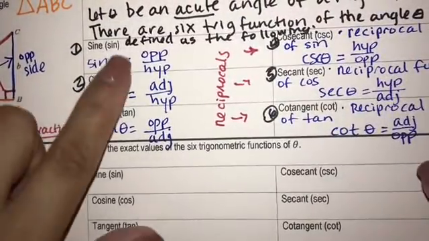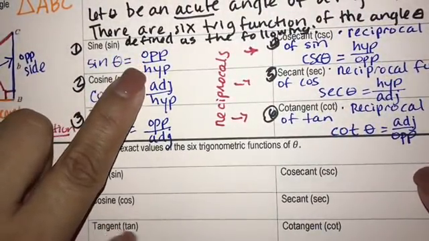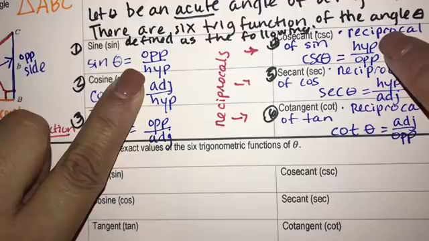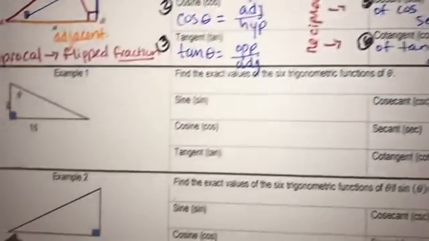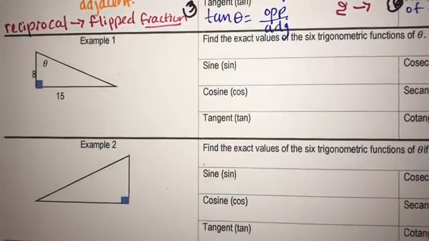So all you're going to do, since you see opposite over hypotenuse, you're going to flip and have hypotenuse over opposite. And you're going to see that for each one. So you're not really having to define much.